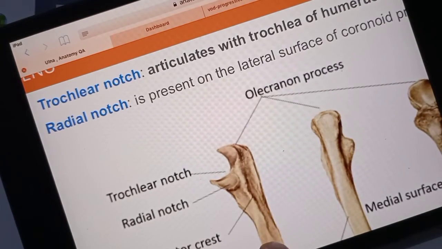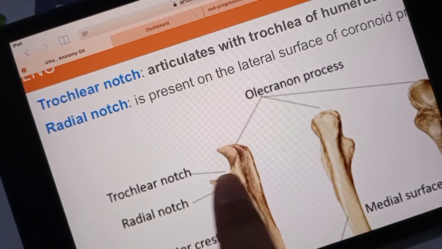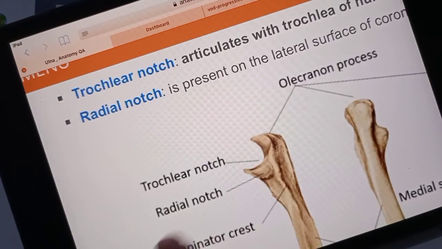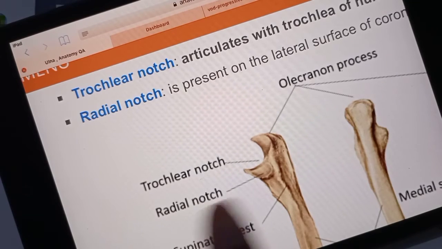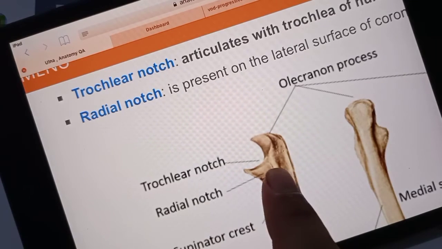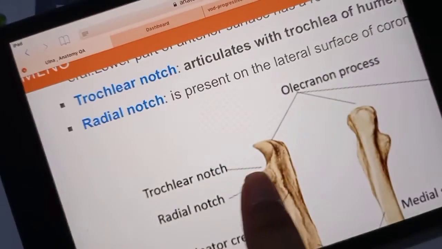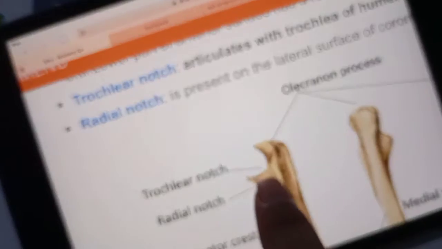In the previous video we discussed the anatomy of the humerus, and on the distal end of the humerus there were two articulation surfaces. The one was called capitulum and the other was trochlea. The capitulum is for the radius and the trochlea is for the ulna, and this is the trochlear notch where the trochlea is occupied.